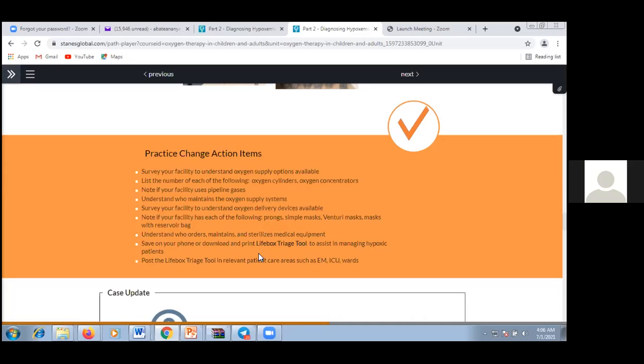I will share it also in Telegram. It will help you in managing hypoxic patients. And not only download that, but post it in areas where you are caring for critical patients, like emergency wards, ICU, and the like. So these are some of the action items based on our discussion.